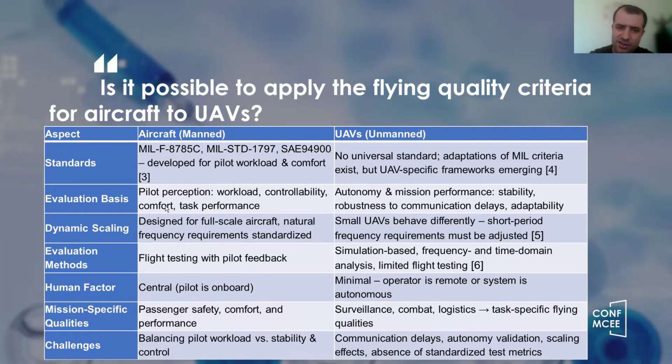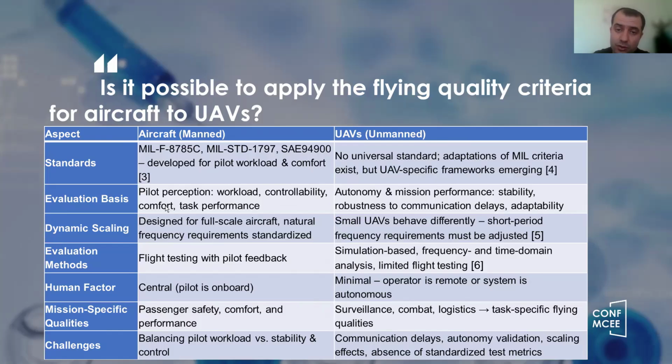Considering these differences and similarities, the question becomes, is it possible to apply the flying quality criteria for aircraft to UAVs? To answer this question, we will start by reviewing the related literature. Traditional flying quality criteria for piloted aircraft, such as those in military standards, were developed around human pilot perception and control.